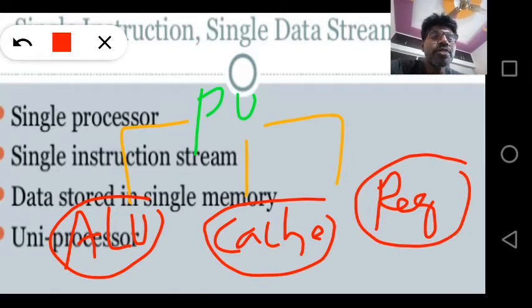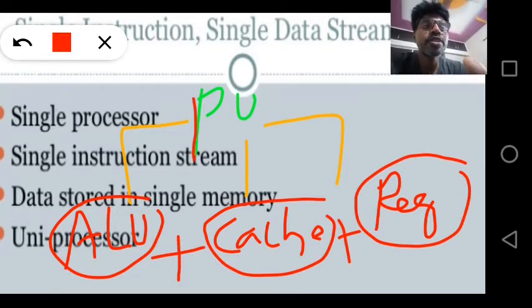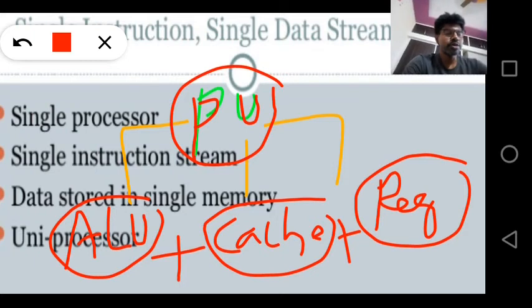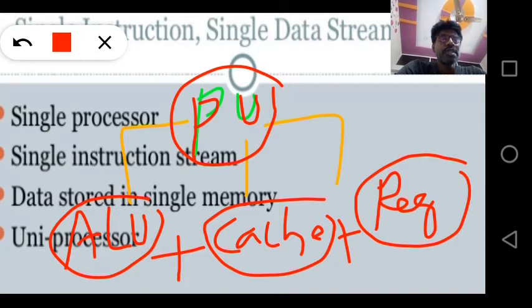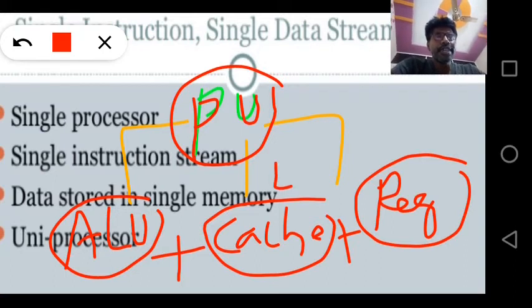It is a combination of these three. For that reason we call it processing unit. It is very important to understand what is meant by processing unit, because we will be discussing it frequently. So remember, processing unit contains ALU, that is arithmetic and logic unit, cache, which is called L1 cache, that is internal cache, and special purpose registers. The combination of these three we call processing unit.